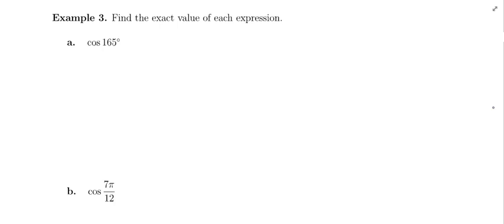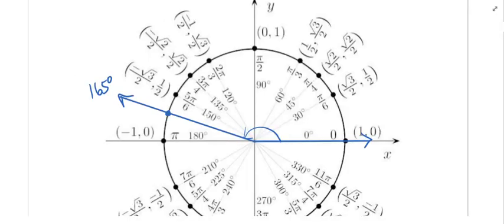Let's start with the cosine of 165 degrees. What we're going to do is concentrate on the angle here. We want to take two angles that are on the unit circle, and we want to either add or subtract them to get 165 degrees. More than one combination can work.